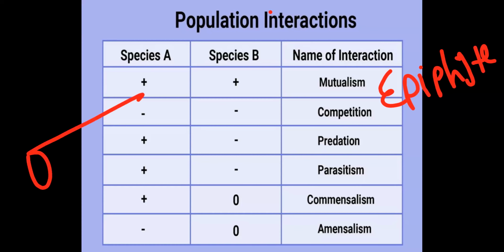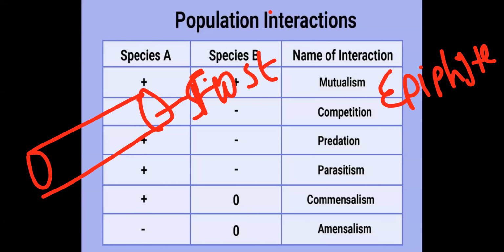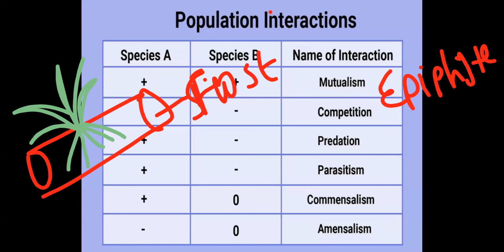Epiphytic plants grow on the aerial parts of another stem, right? So suppose consider this is the support, or you can take it as a host. Over here the epiphytic plant grows, right?